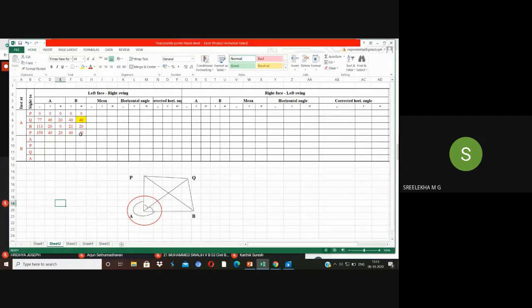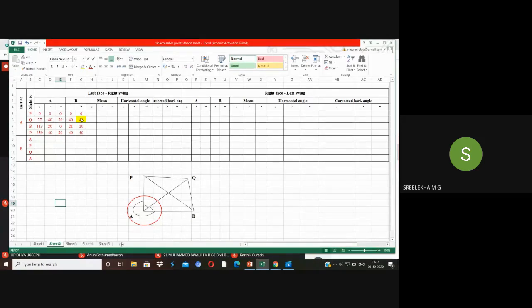Okay. So just calculate the values. Find fast. Whatever be the mean values to be entered here. Just write down. Here initial value it is 0, 0, 0 only. Okay, what will be the mean of the values sighting to the point Q? 77, 40, 20.